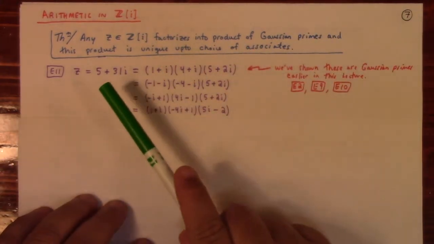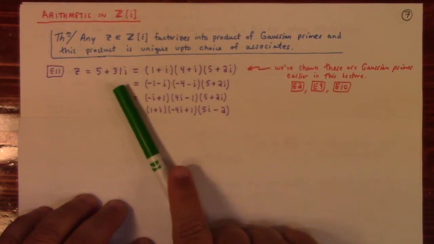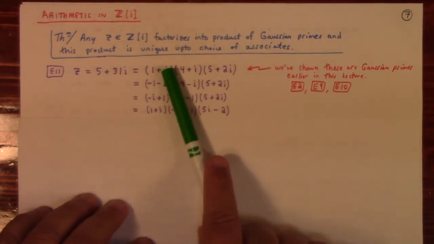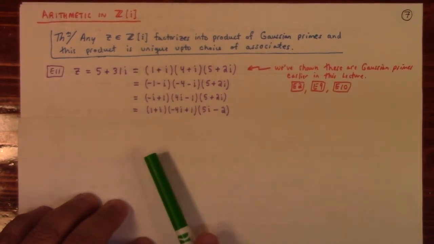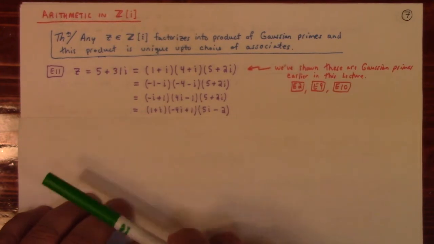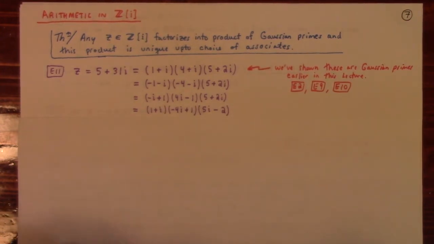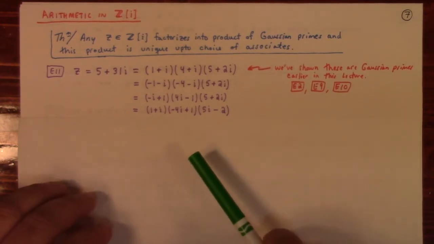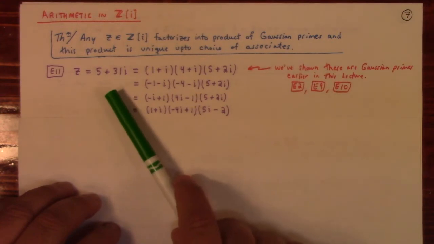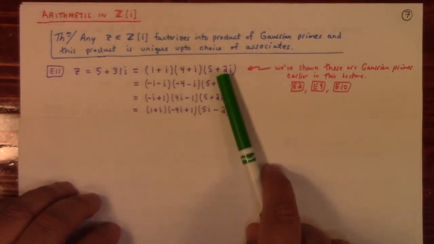If you're wondering how I factored 5 plus 31i, the answer is simple. I started with these and I multiplied them out and I got that. So actually factoring Gaussian integers is a pain. Anyway, here it is true that this is equal to this times that.